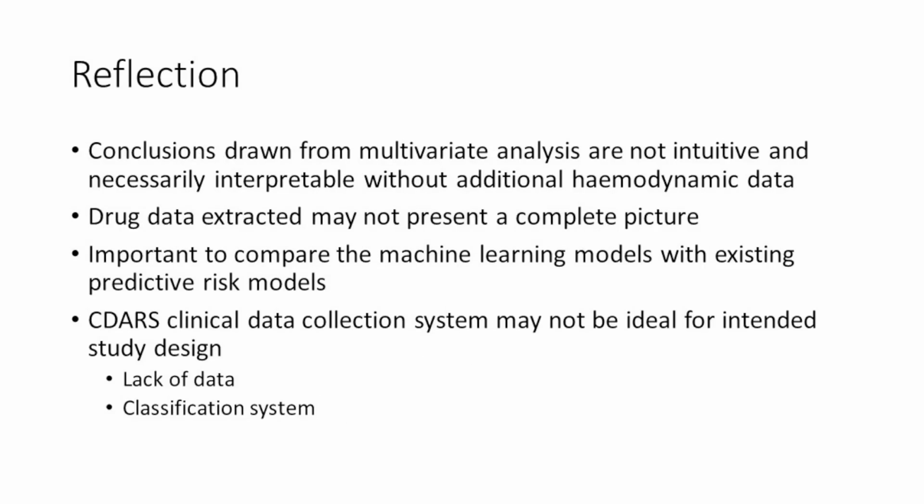So as a reflection on my project and the shortcomings of it, or the difficulties in going through this whole process, we did find that based on the multivariate analysis, many of the conclusions weren't really intuitive, such as the various associations with increased mortality in different drug therapies.